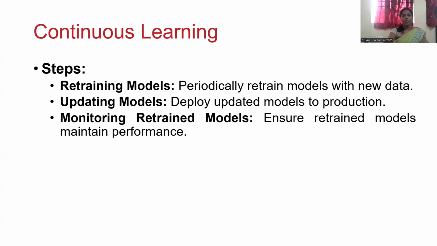In continuous learning, we are retraining the model, updating the model, and again monitoring the retrained model. Retraining is done with new sets of data, and on the production side, the model is updated and deployed, and it is monitored in an endless manner.